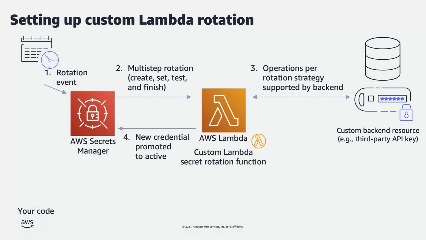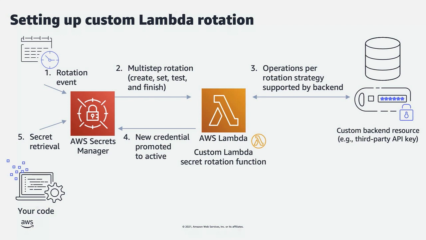From there, it's going to take the new credential, and as you can see on number 4, it's promoting it to active. From here, your code can then retrieve the new secret from AWS Secrets Manager. So again, it's a super easy way to create that custom Lambda function so that you can integrate AWS Secrets Manager with any custom backend resources.